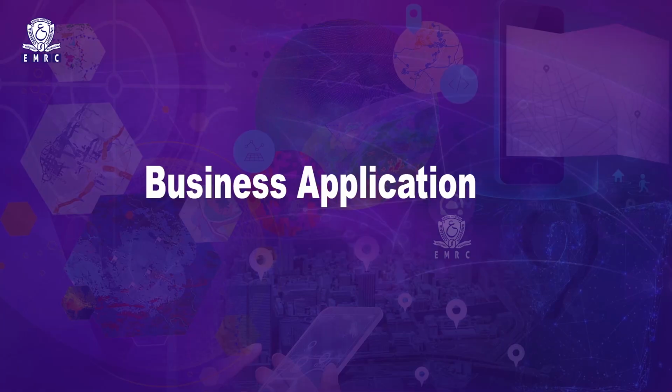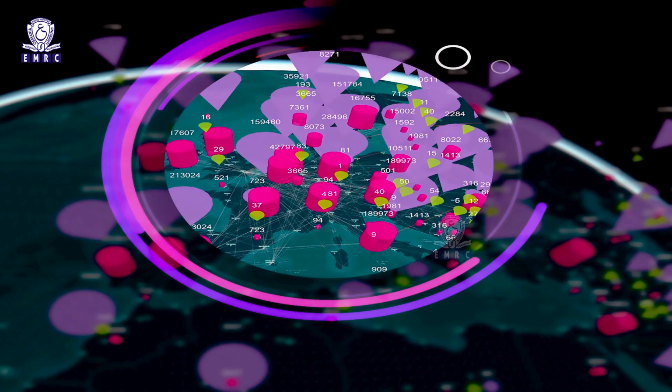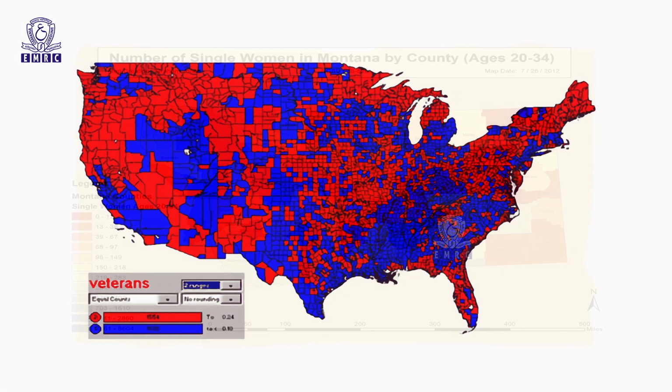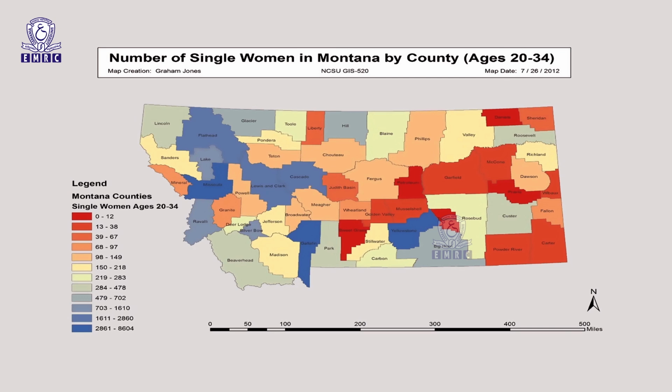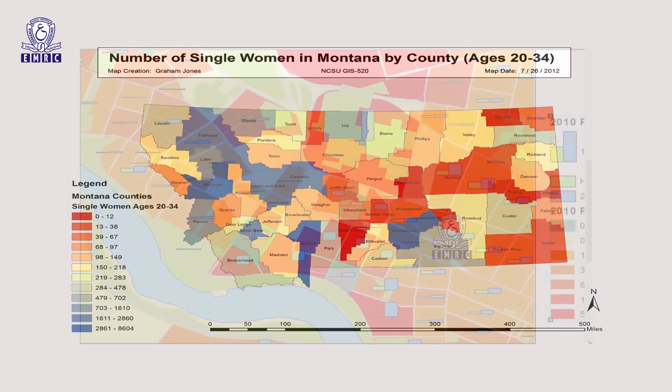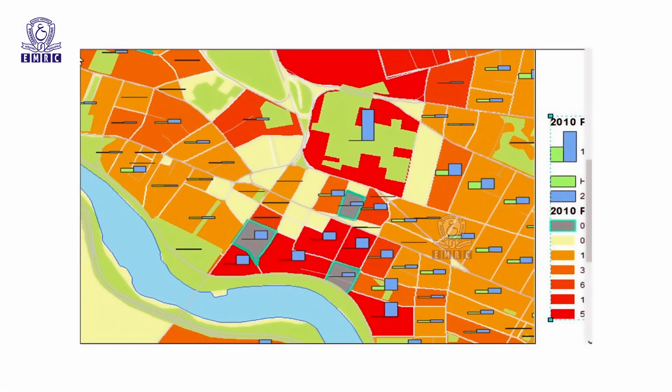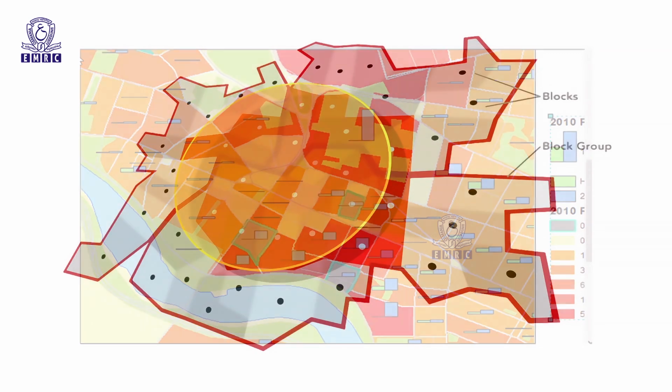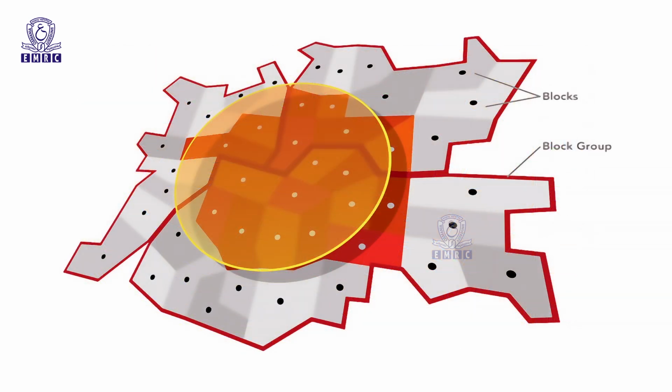Business applications. For business applications, geocoding is most useful in matching the zip codes of customers and prospects to census data. Census data such as income, population in different age groups and education levels can help businesses prepare promotional mailings that are specifically targeted to their intended recipients.